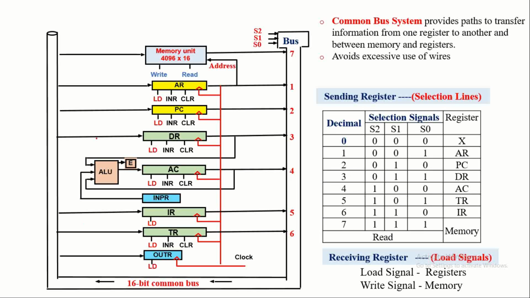Whereas, whenever information is passed over the common bus, out of these 8 registers, only 6 registers can receive the information.